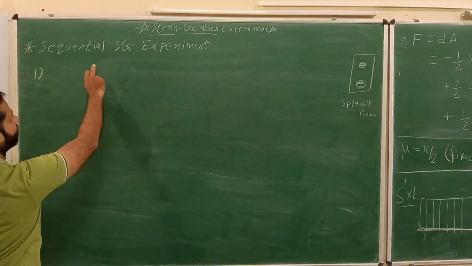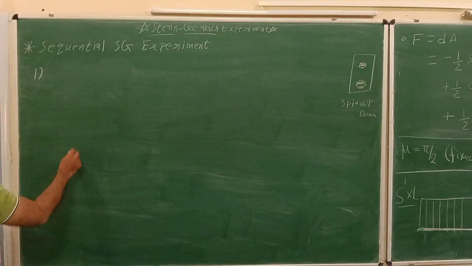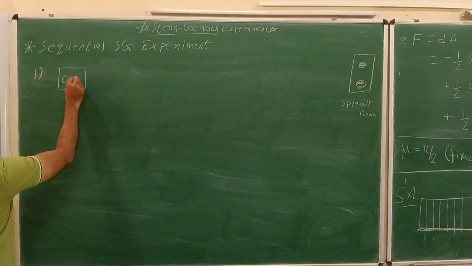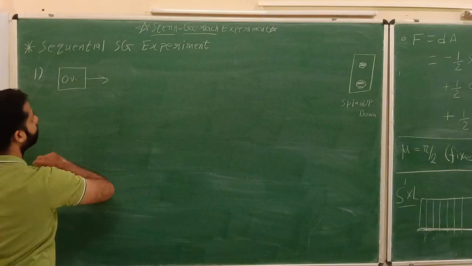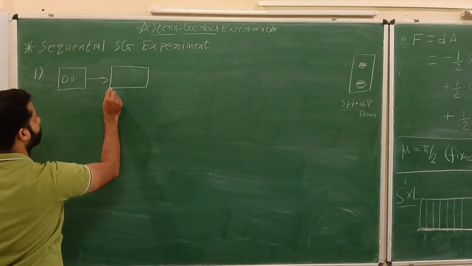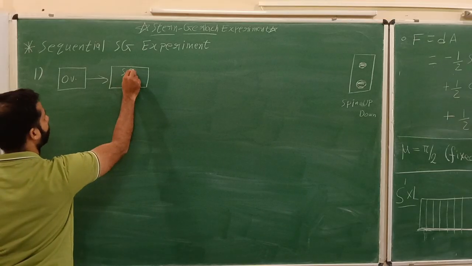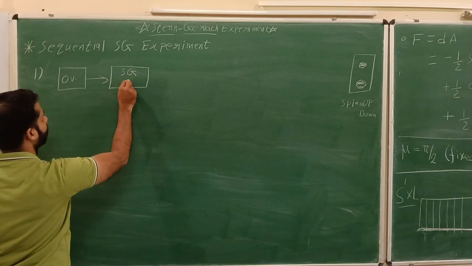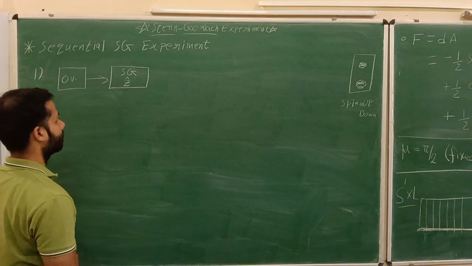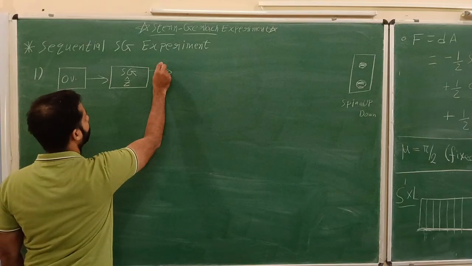So now, to go further in analysis, the sequential Stern-Gerlach experiment was done. There were sequences of other measurements. You throw out the beam through a Stern-Gerlach setup, which is oriented in the z direction, just as we did before, and you have two beams.